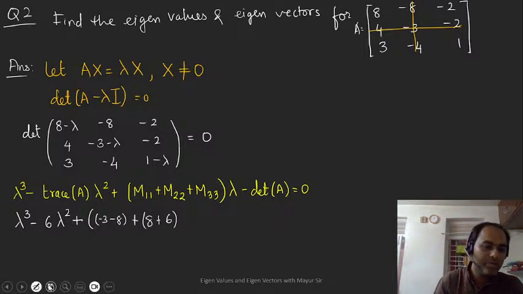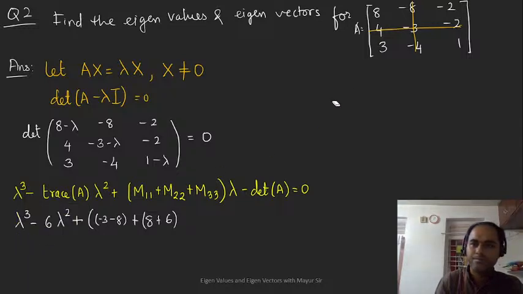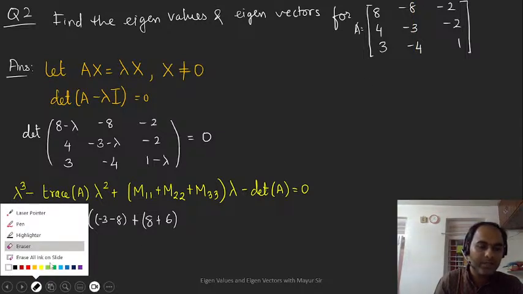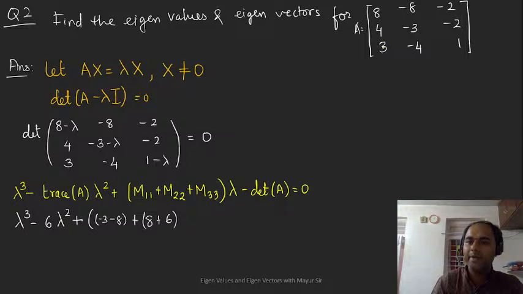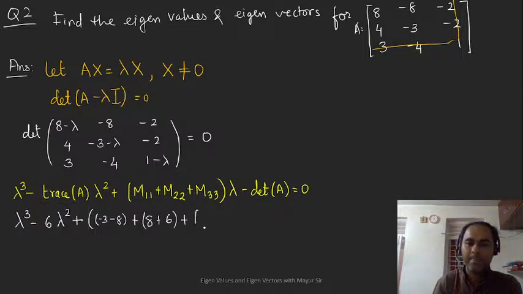Now you delete the third row and third column. So the moment you delete the third row, third column, what do you get? You are going to get here this number.